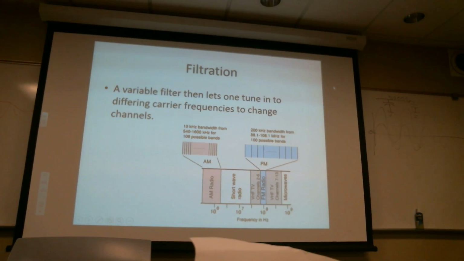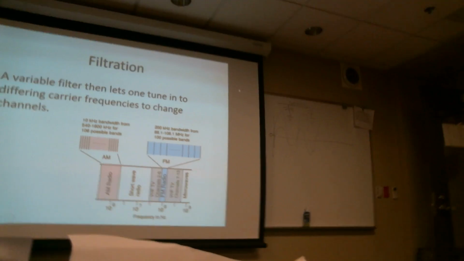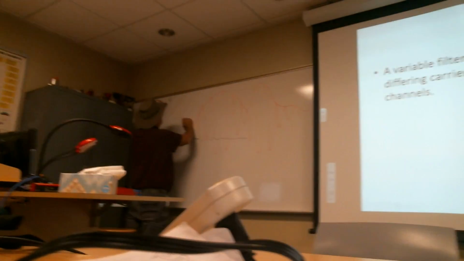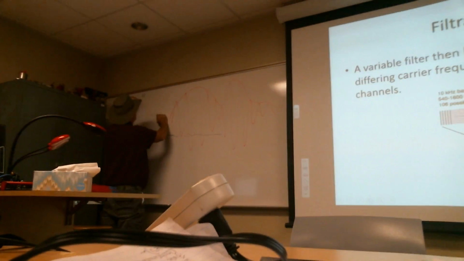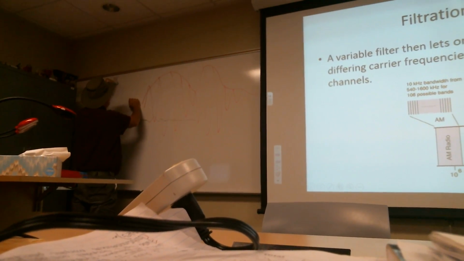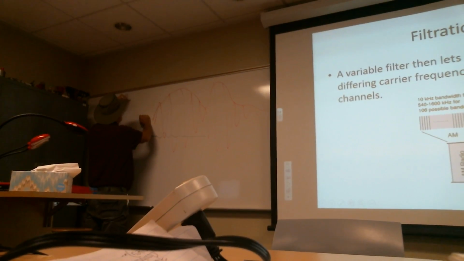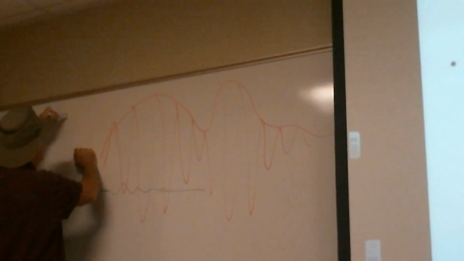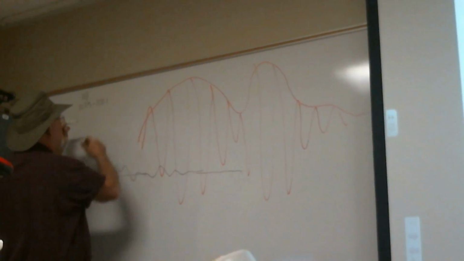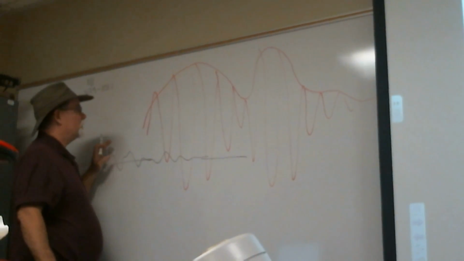The other way of doing it is, instead of amplitude modulation, I could pick a narrow range of frequencies. We'll say 108 megahertz. Really, I'm going to go 107.9 all the way up to 108.1, or maybe even some smaller variance there.